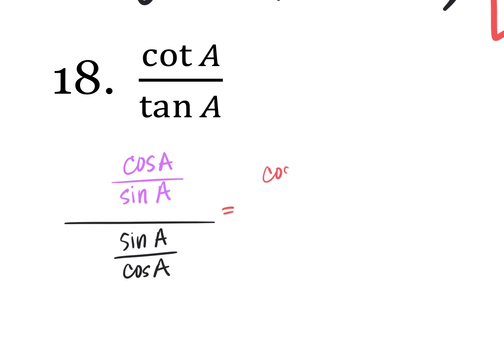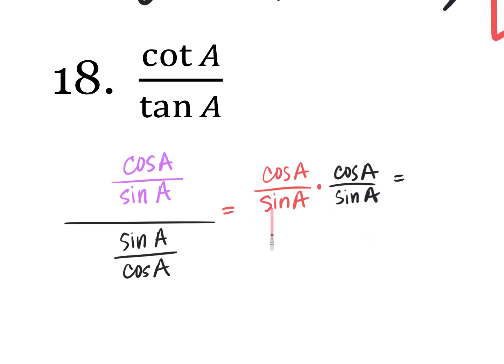If I've got cosine of A over sine of A, I just brought this top over. This was right here. Dividing by this is the same as multiplying by cosine over sine. Does anything cancel? We're multiplying, so we could cancel, but does anything cancel?